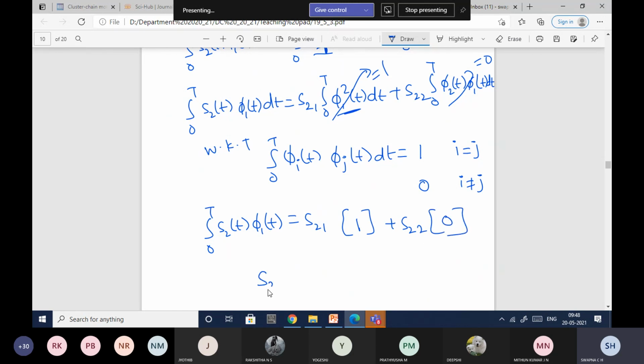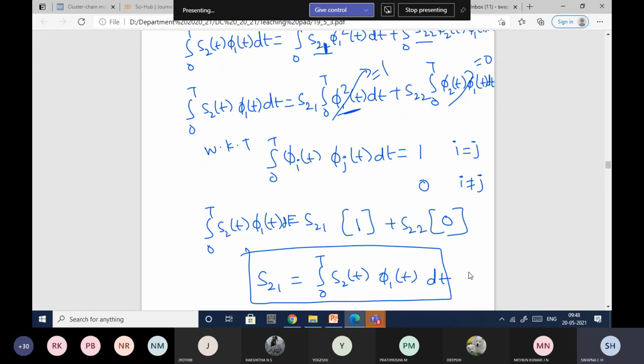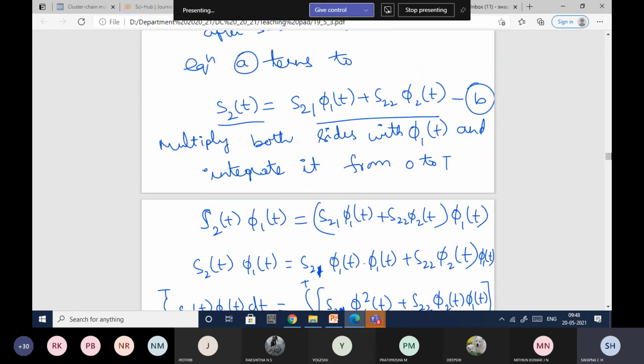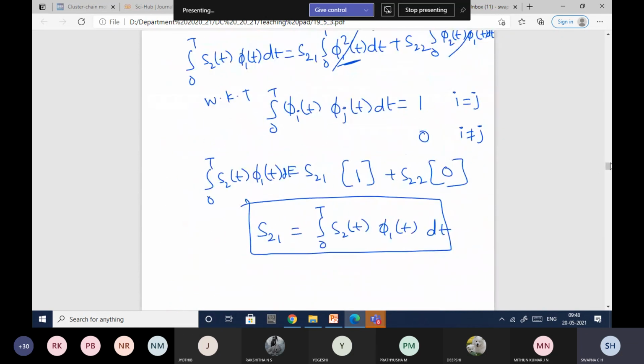So this will turn to s21 is equal to integral 0 to t s2 of t phi1 of t dt. This equation I will represent as C.